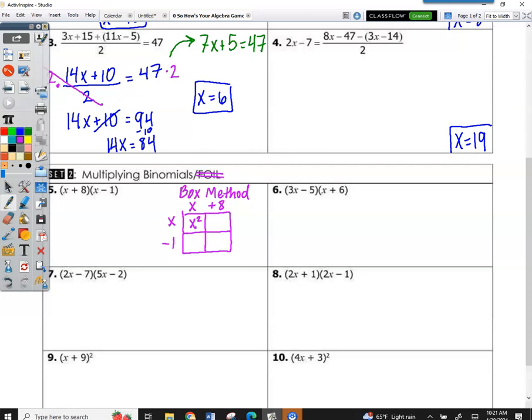Then, what's x times 8? 8x. Now, row 2, column 1. What's negative 1 times x? Negative x. What's negative 1 times 8? Negative 8. All right, so we have our multiplication in the box.